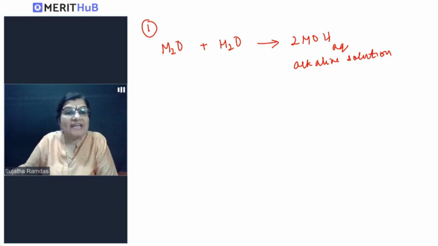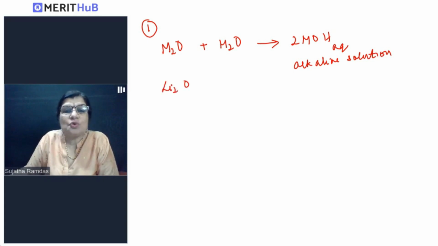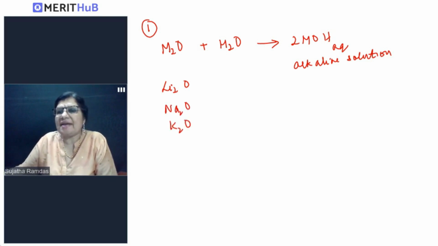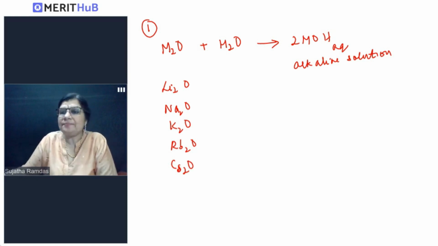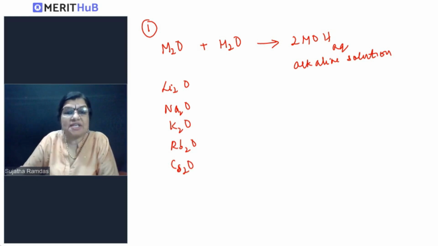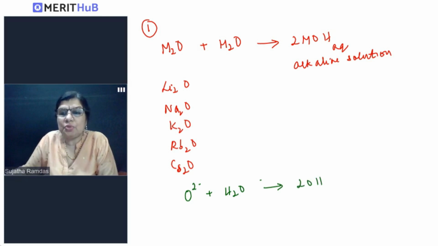Okay. So what are the various group 1 oxides? You have lithium oxide, and then you have sodium oxide, potassium oxide, rubidium oxide, and cesium oxide. Now the reaction, the ionic equation is this: the O2 minus from the metal oxide interacts with water to produce 2OH minus aqueous.